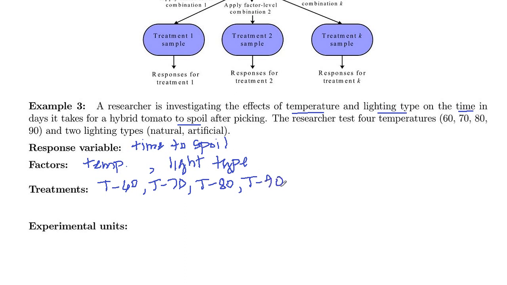So you've got 4 treatments there. And then for lighting, let me use L for lighting types. We could have lighting natural and lighting artificial. So those are the different treatments. And then the experimental units here will be the tomatoes. That's what things are measured on.